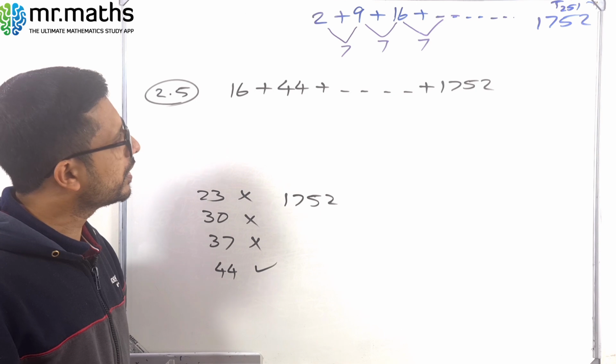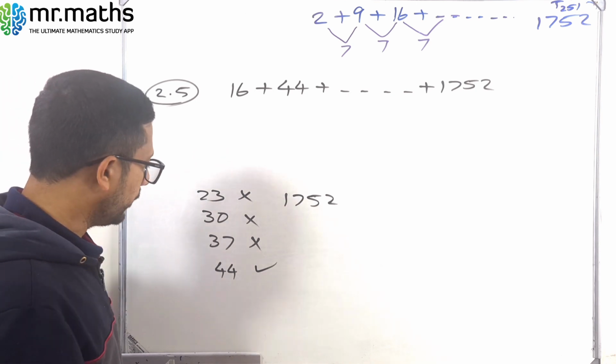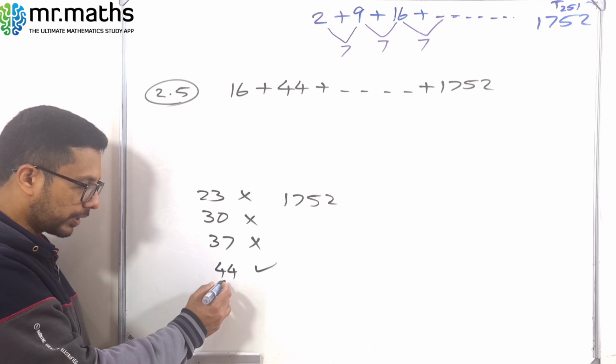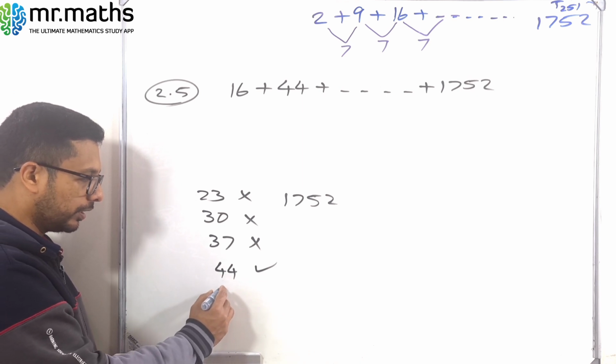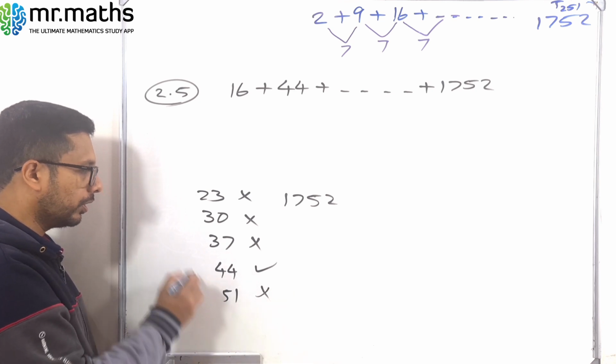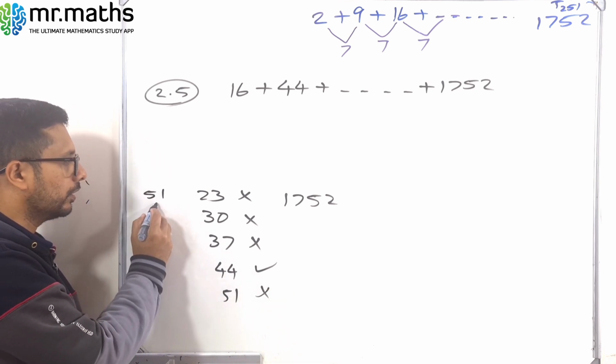Okay, I hope it is an arithmetic series. Anyway, let's see. That's a difficult part. 44 plus 7 is 51, not divisible by 4. 51 plus 7, 58.